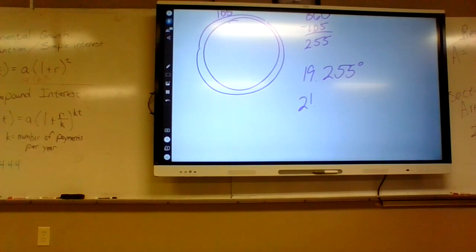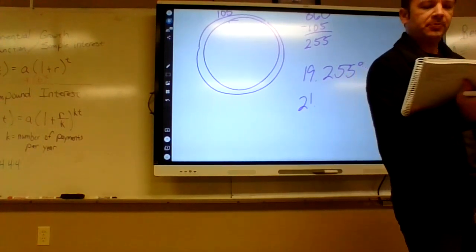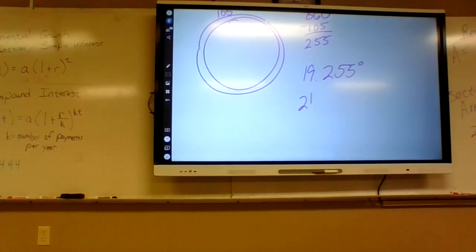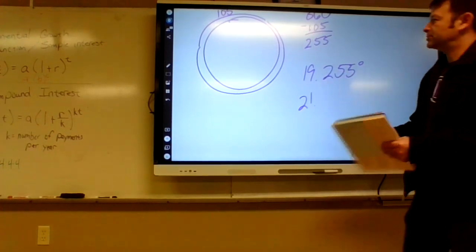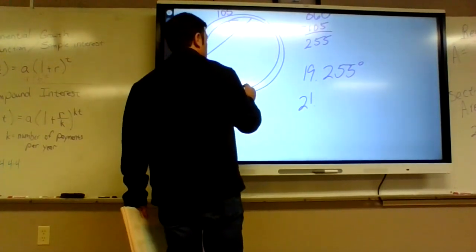Okay, on 21, let's see if we remember this trick. It says find the measurement of angle XWZ plus the measurement of angle XYZ. You guys see those in the picture? This is a trick.